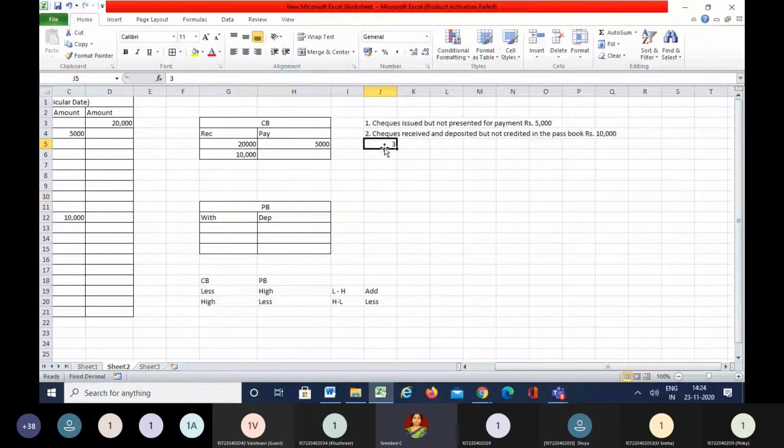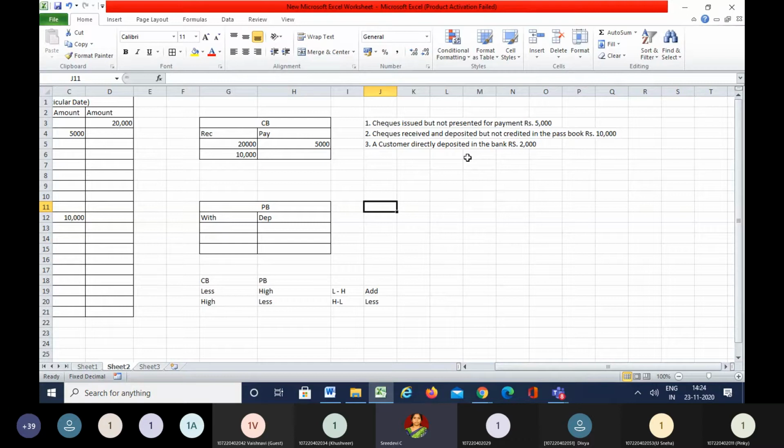So what's the next transaction? Now let us take it as: a customer directly deposited in the bank rupees 2,000. Concentrate. So a customer directly deposited in the bank.